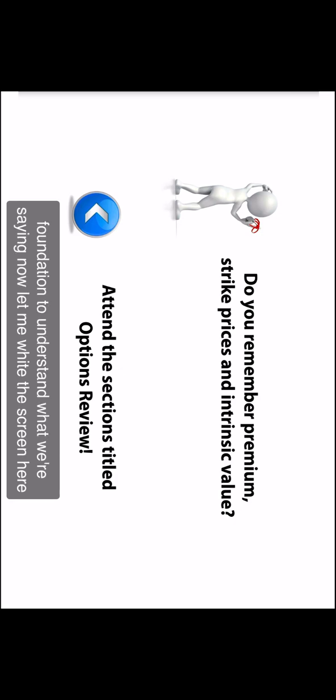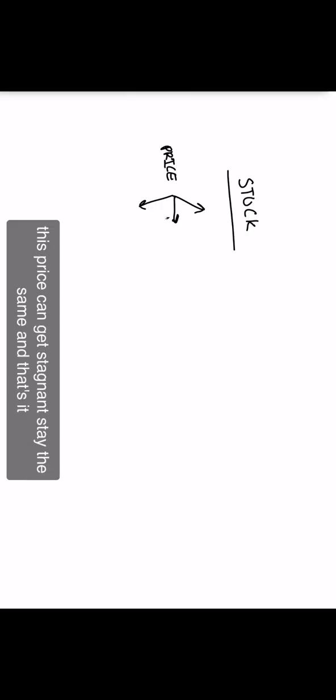Now, let me wipe the screen here. And let's do a couple of drawings here. So this is a big deal. We have stock over here, and the stock has a price. Okay, the stock has a price, and this price can go up, this price can go down, this price can get stagnant, stay the same, and that's it.